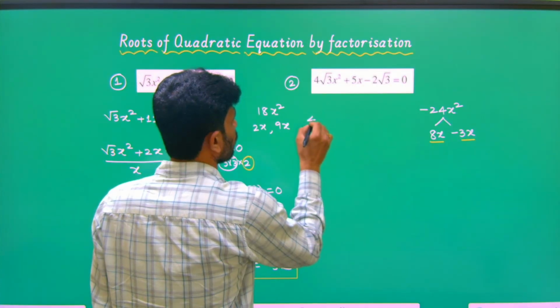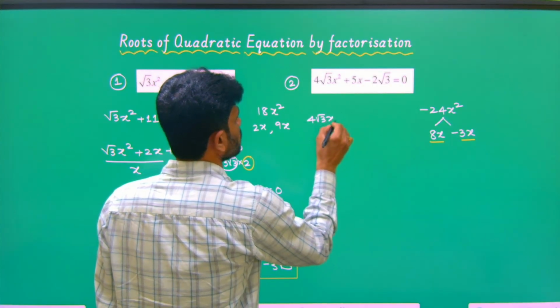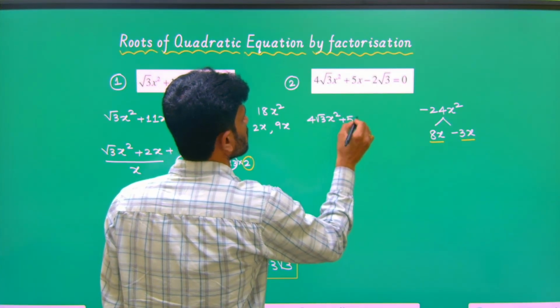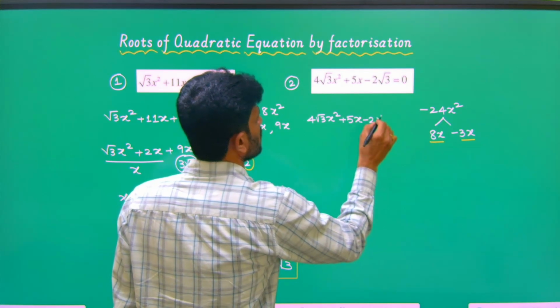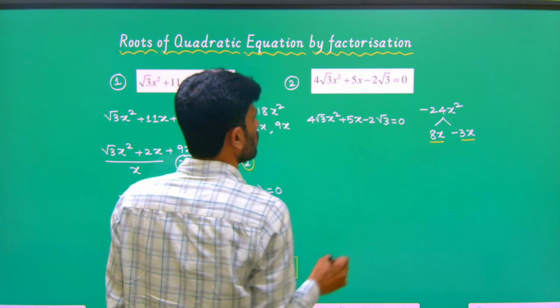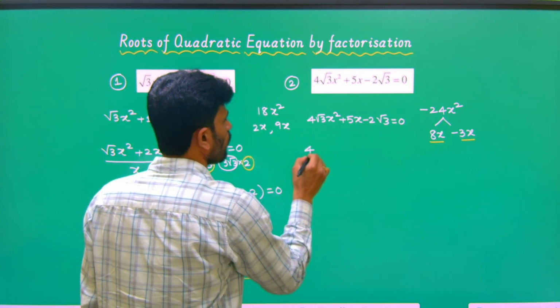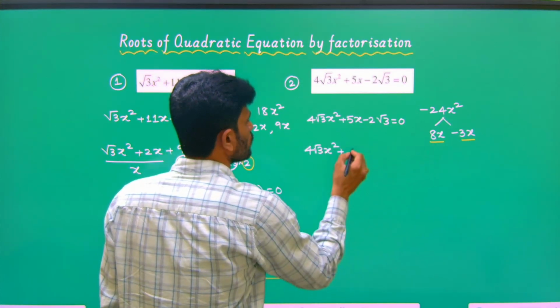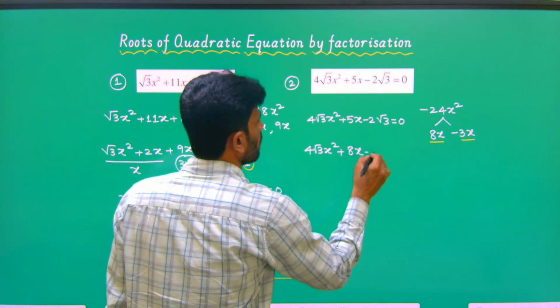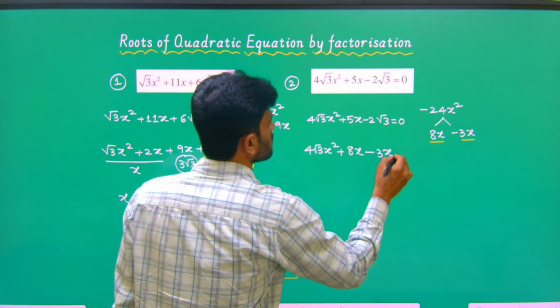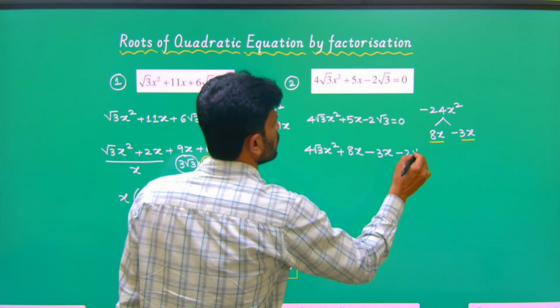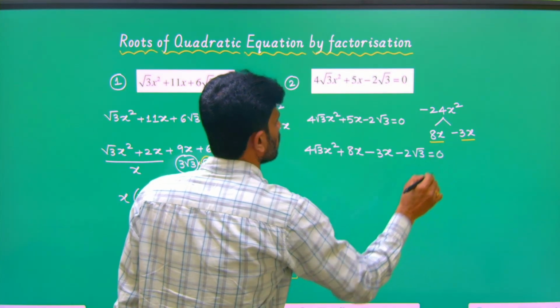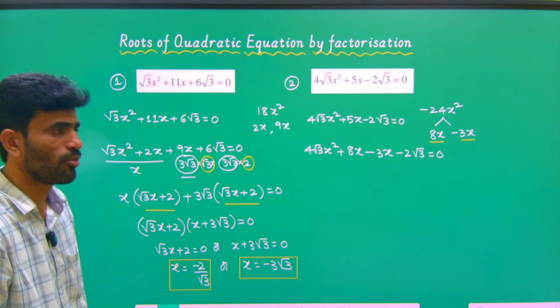Our equation is 4 root 3 x square plus 5x minus 2 root 3 is equal to 0. Now we have to write it as 4 root 3 x square plus, what is the first one? First factor 8x minus 3x minus 2 root 3 is equal to 0. Now we have to observe what is common in both.